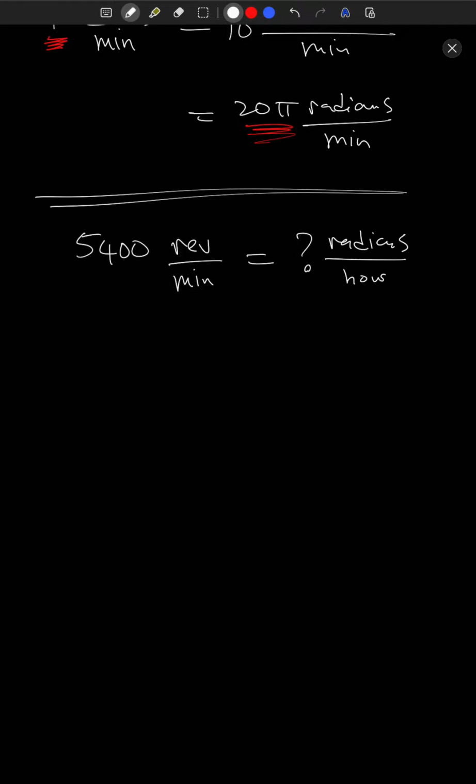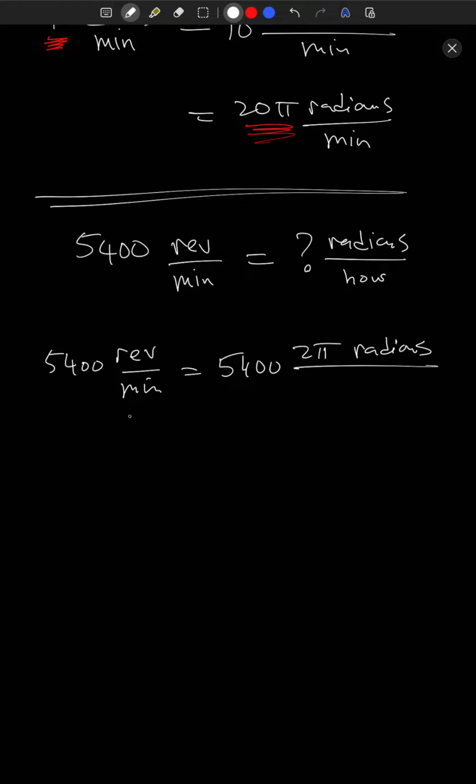Okay, so, well, you can just convert the revolutions to radians. So 5400 rev per minute is equal to, well, one revolution is 2 pi radians. So this is 5400, 2 pi radians. And as we said, 1 minute is 1/60th of an hour. So over 1/60th hours. Okay, so now we have radians per hour, and the rest of the problem is just cleaning up the arithmetic here.